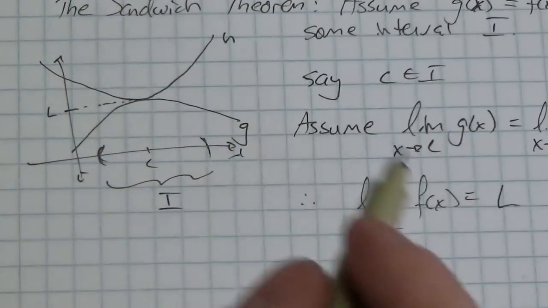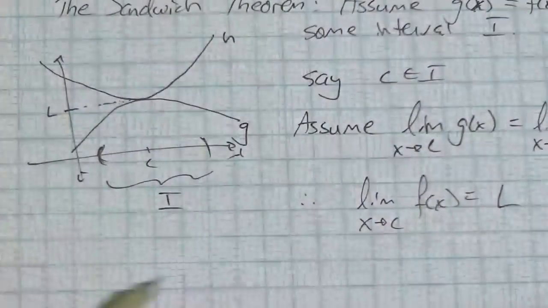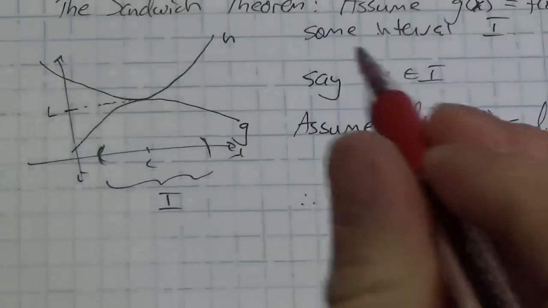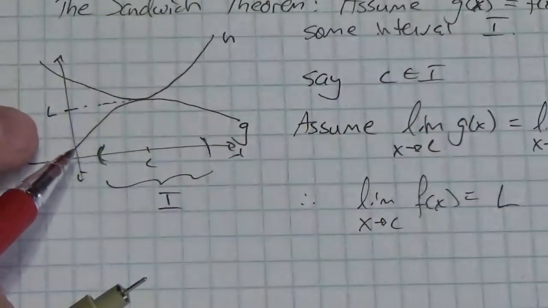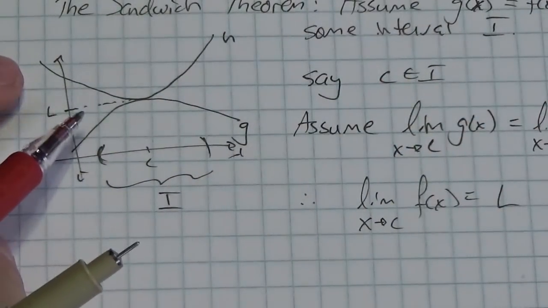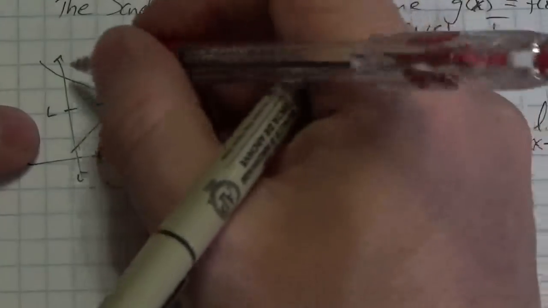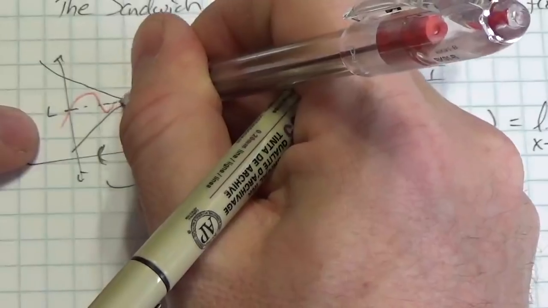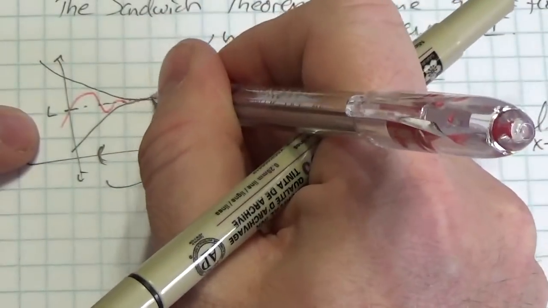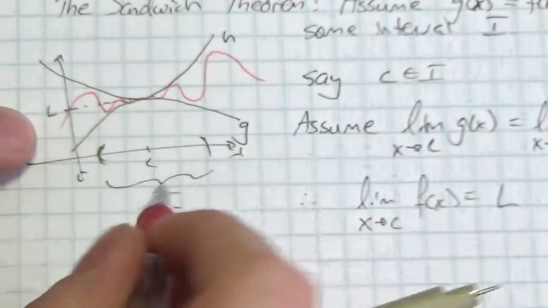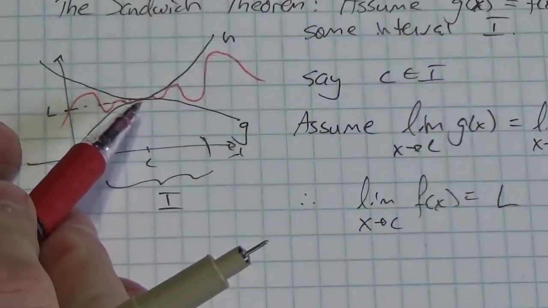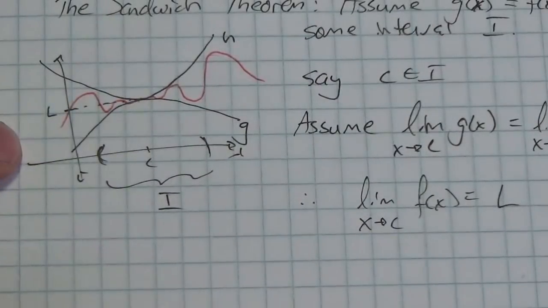Now, if it's true, and maybe I'll use a red pen here, if it's true that the f function is always greater than or equal to g, and always less than or equal to h in this interval, then f doesn't really matter what f is doing. If that statement is true, then it has to be equal to those two at that same limit.